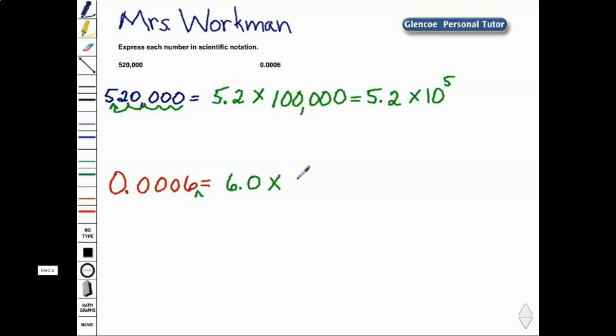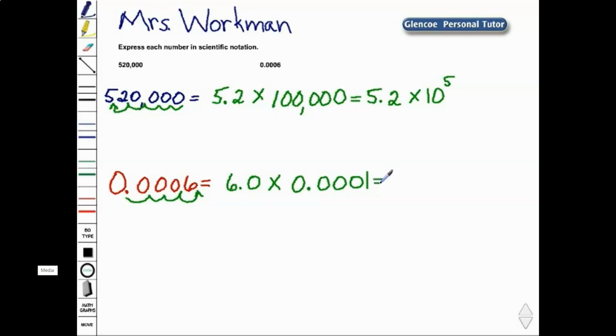Now in this case, the power of 10 is 0.0001, or 1/10,000th. And how do I know that so quickly? Because the decimal point was moved 1, 2, 3, 4 places in this direction, which tells me there would be 4 decimal places.